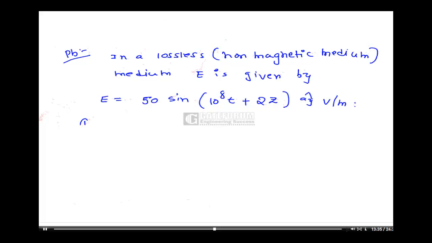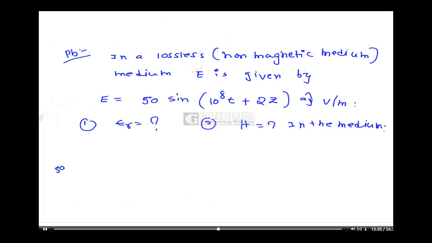The first one is, what is epsilon r value? The second one is, what is H in this medium? Same kind of problem what we discussed previously.